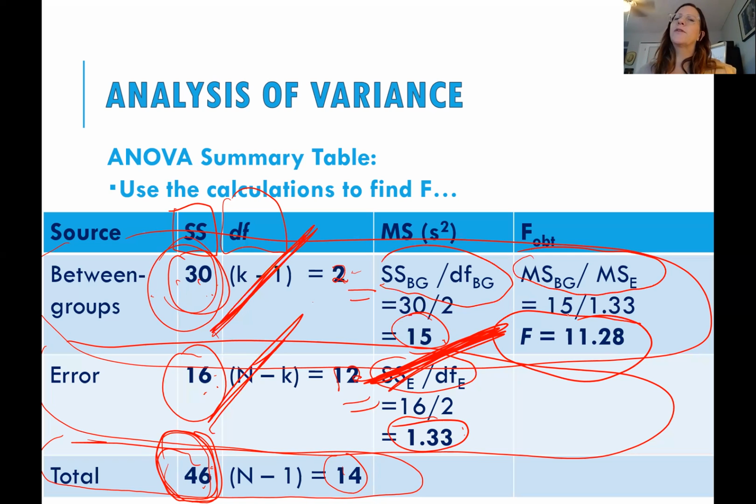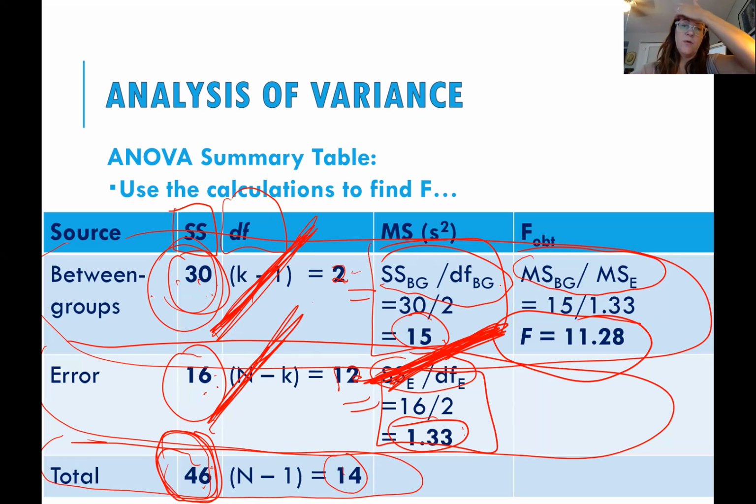Bam. So that's where the table is really useful, because you can not only check and make sure you didn't make errors in your sums of squares, but instead of remembering all these equations, you can just remember, oh yeah, the table, if I have it set up, sums of squares, degrees of freedom, mean square, F obtained, then it's automatic: put this division sign here, this division sign here, and this is division between this and this.